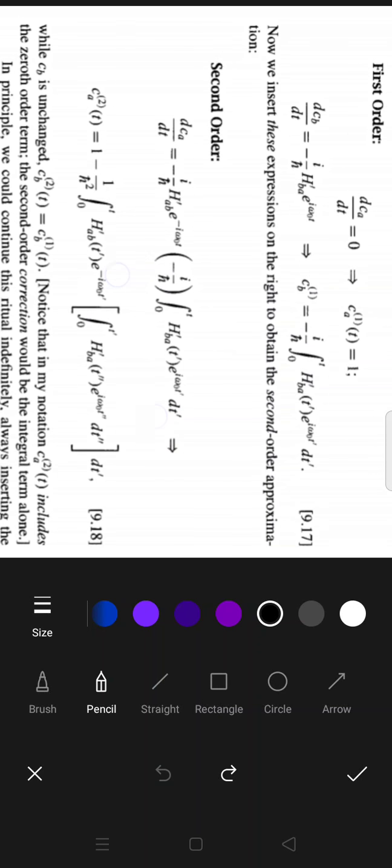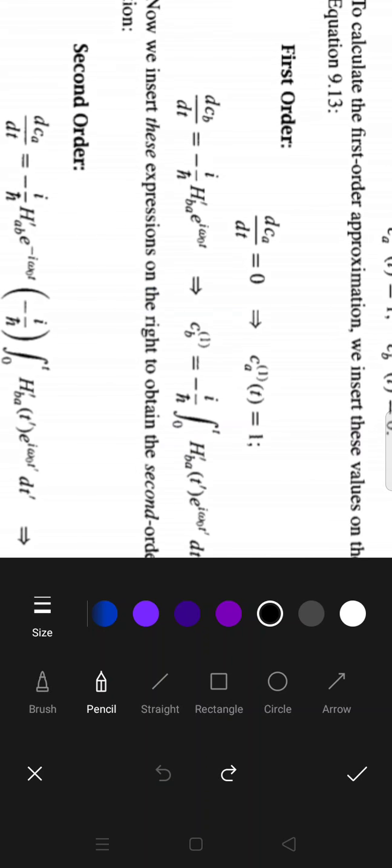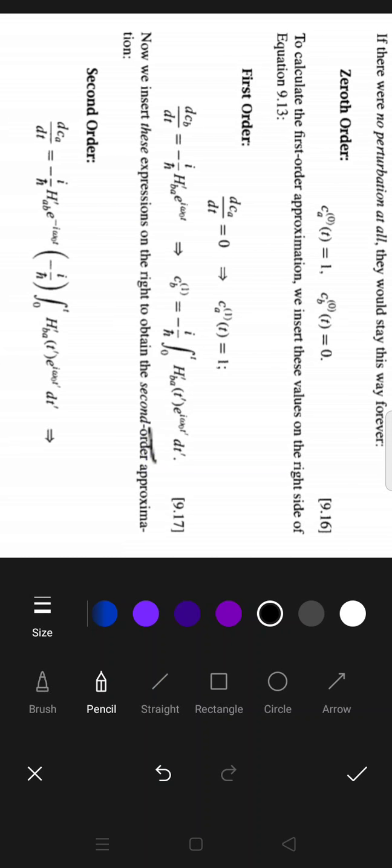Next, take the value of Cb dot, where the zeroth order Ca of t is equal to 1. Keep it in the 9.13th equation and you will get an expression like this. Then do the integration on both sides with respect to t, and you will end up with this integral.